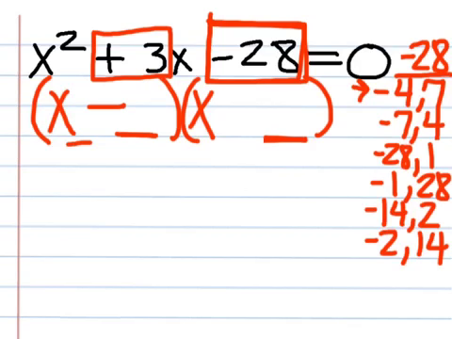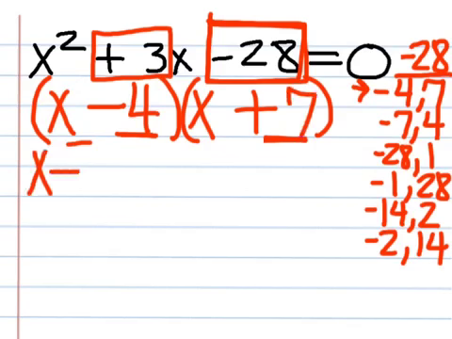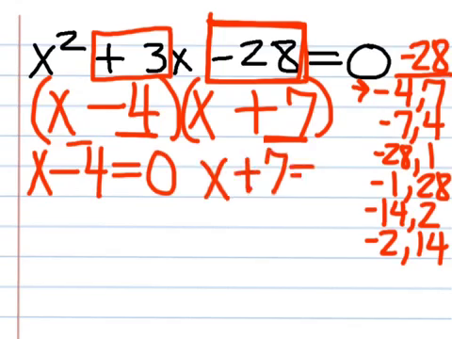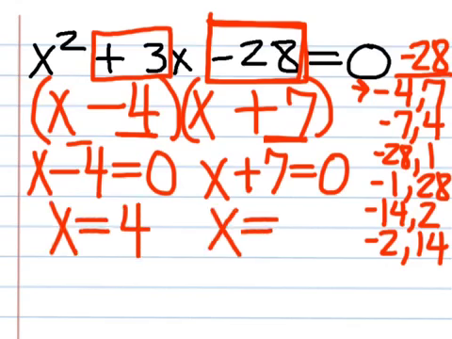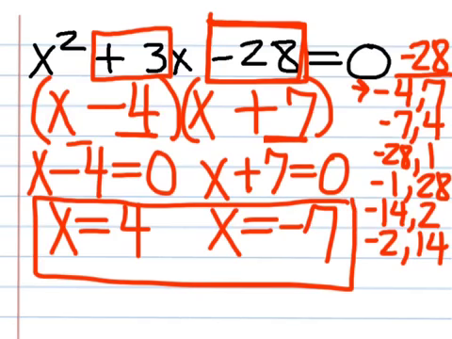So that's what we're looking for. So we put in our negative 4, our positive 7. Now we set these equal to 0. So we set x minus 4 equals 0. x plus 7 equals 0. We solve these for x, and we'll get x equals 4. And x equals negative 7. Those are our final answers.